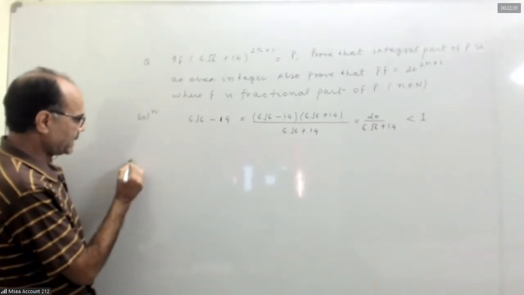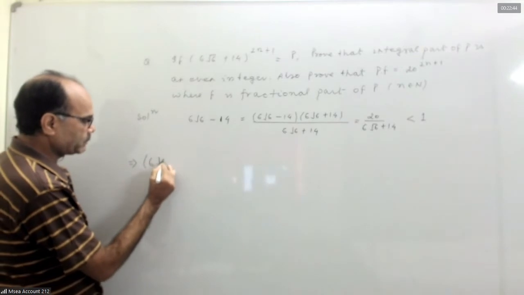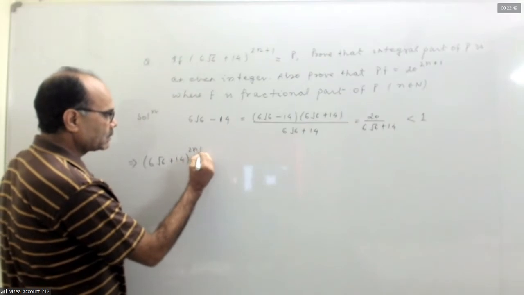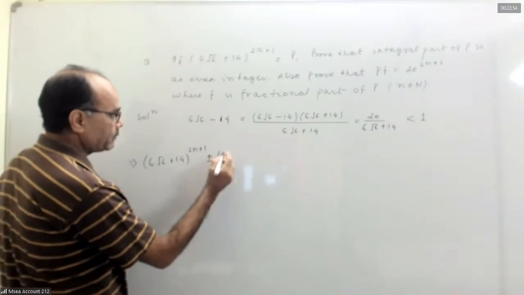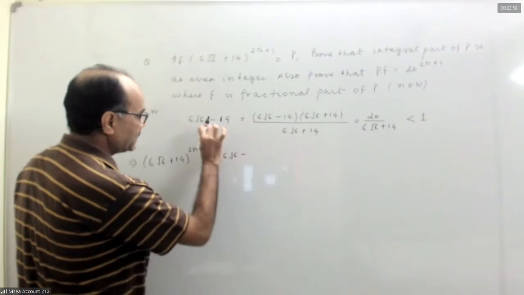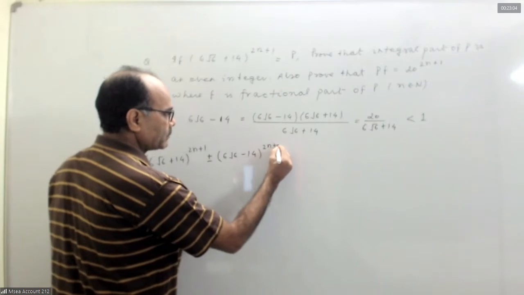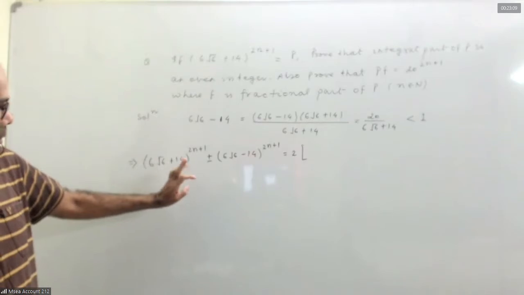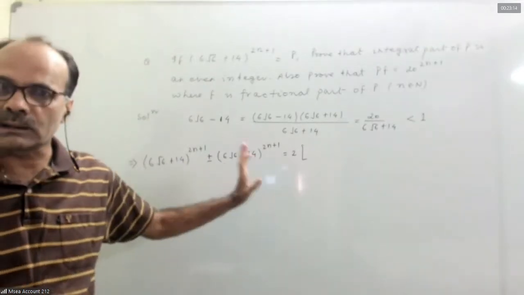Now, next step. (6 root 6 plus 14) to the power 2n plus 1, plus or minus, I have written both the signs, (6 root 6 minus 14) to the power 2n plus 1. Now put the sign in such a way that we don't want an irrational term.